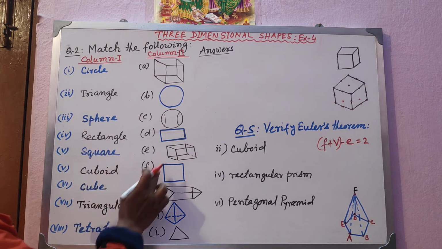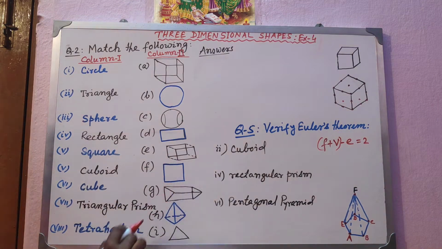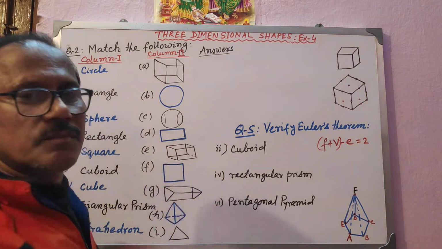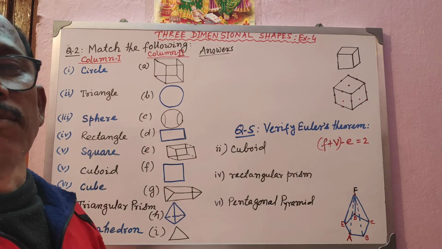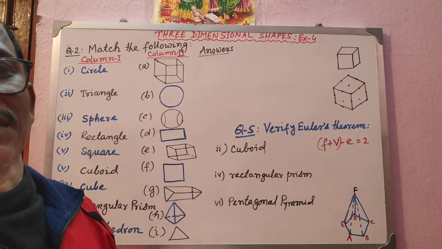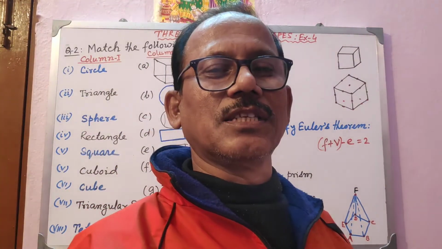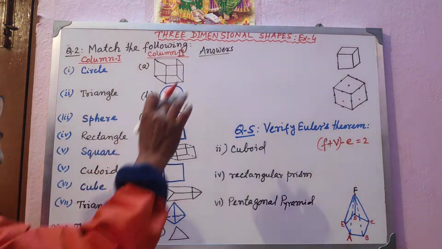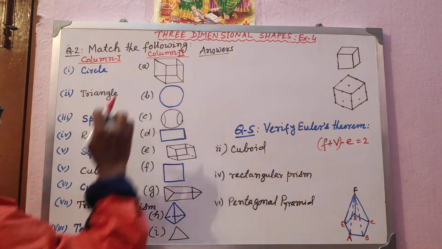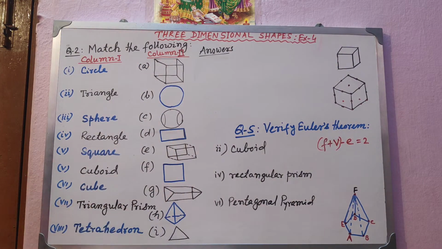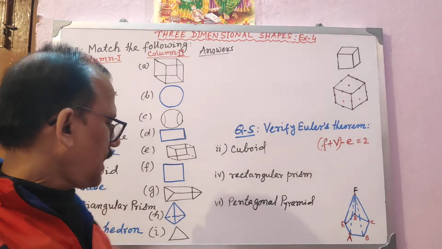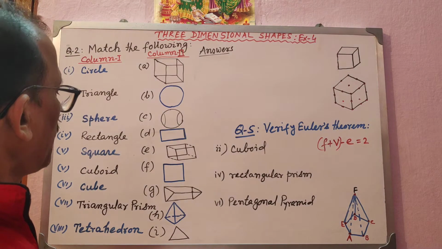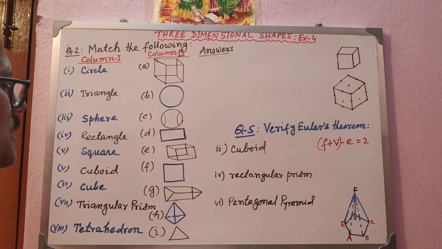Cuboid definitely will be this figure, because a cuboid will have opposite faces equal. All the faces will be rectangular in shape, and opposite faces will be equal, that is a cuboid. And then a cube, where all the faces are equal, that will be matching with A. And triangular prism, prism means the side face has to be rectangular in shape.